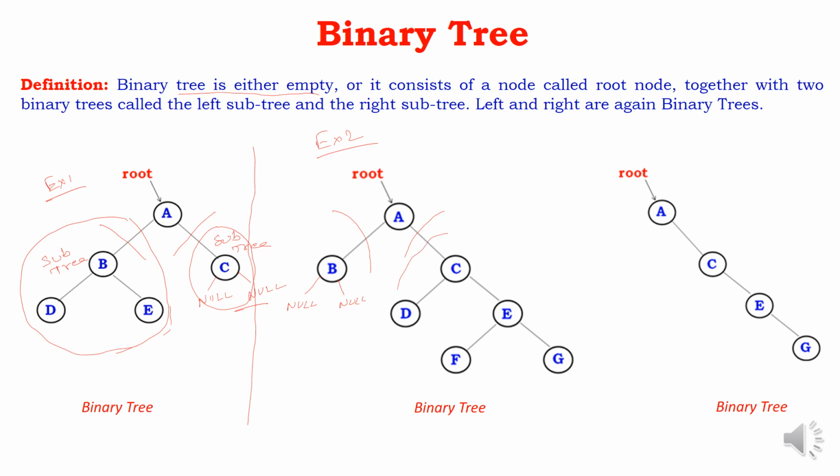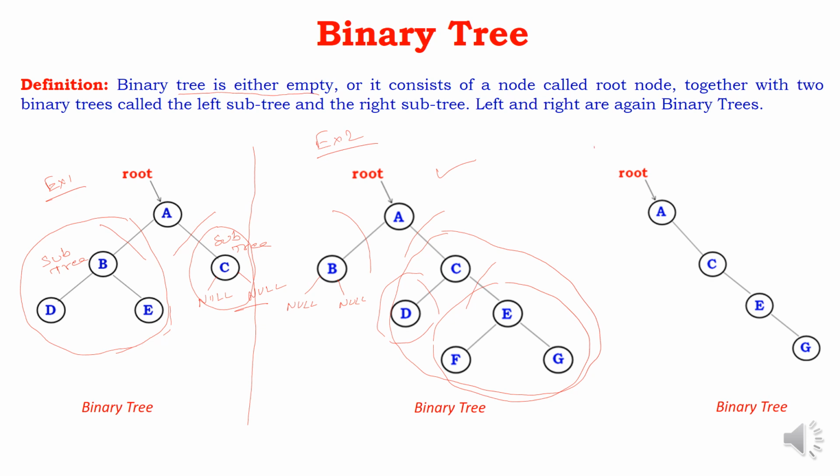Then what about the right of A? It has some number of nodes where C is the root of the subtree and D is left of C, E is right of C. So this is one subtree and this is another subtree. Again, these are binary trees. So example 2 is also a binary tree.